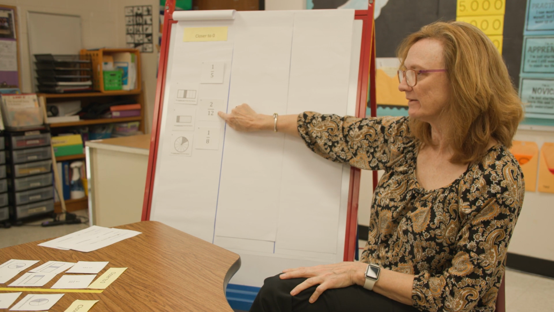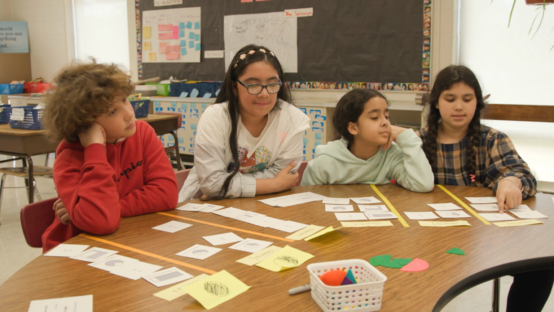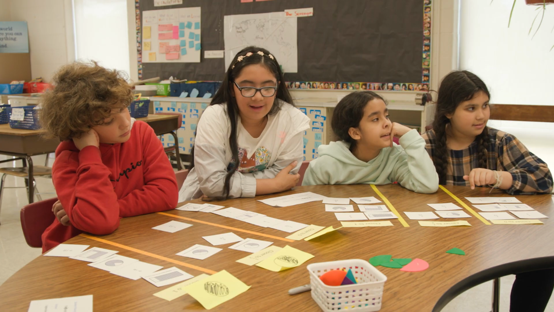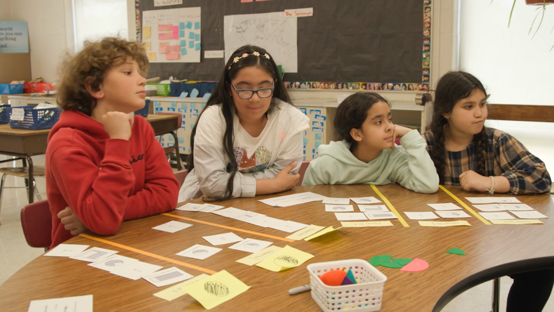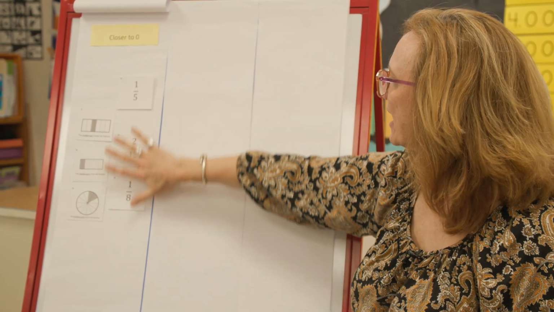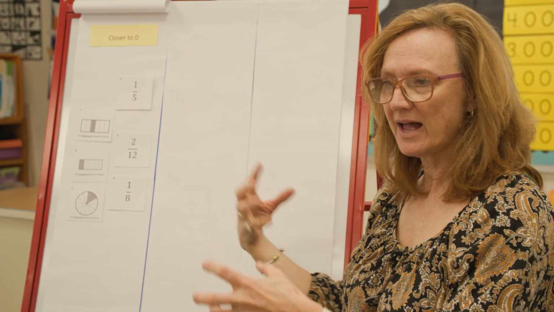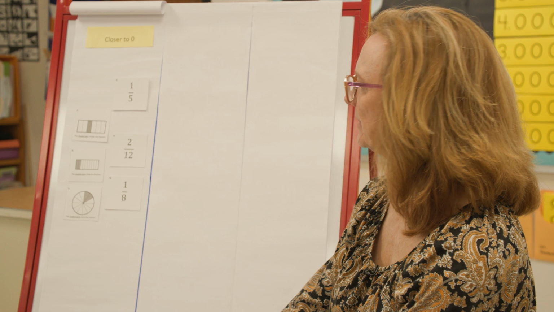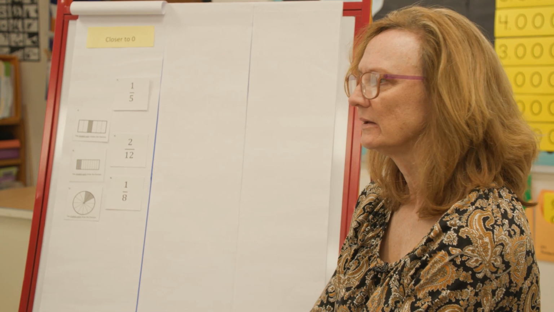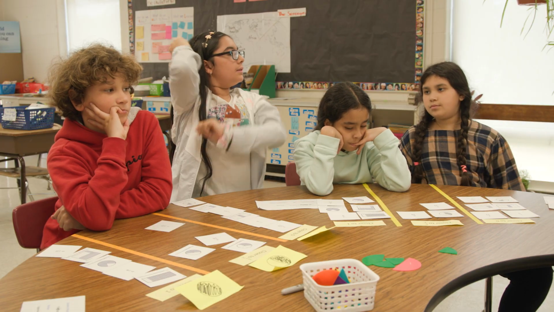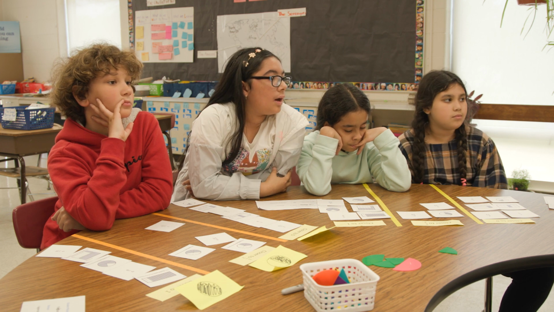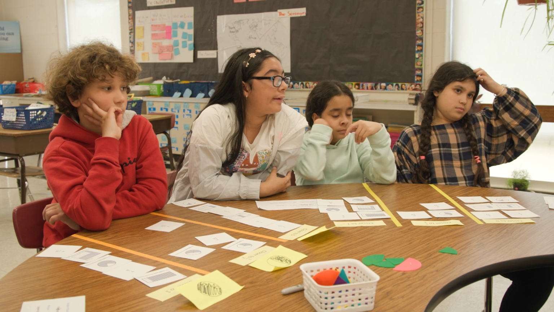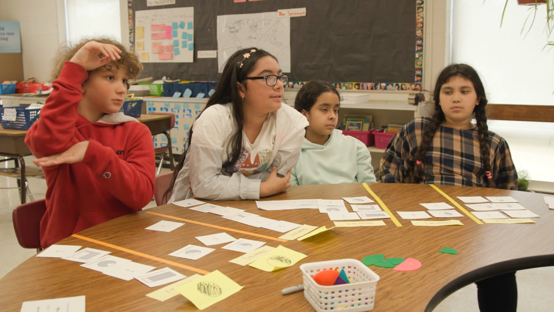How about 2/12? Did you have 2/12? Yeah. All agree, okay. 1/8? Yeah. Okay. So is there anything you notice about all the fractions over here that tells you, oh, I noticed that there's something the same about these. What are you thinking? That not all of them are like low numbers, not like an 8 and stuff.